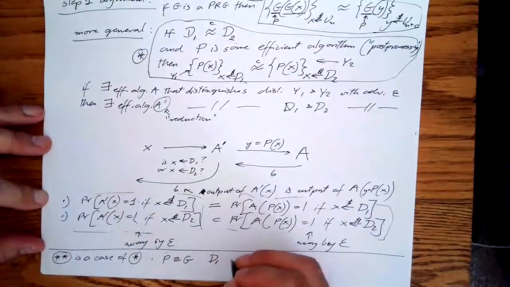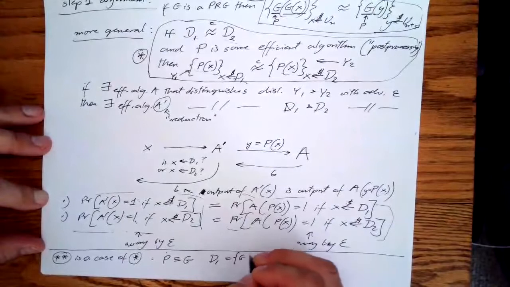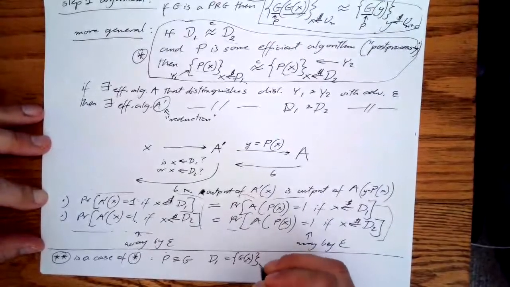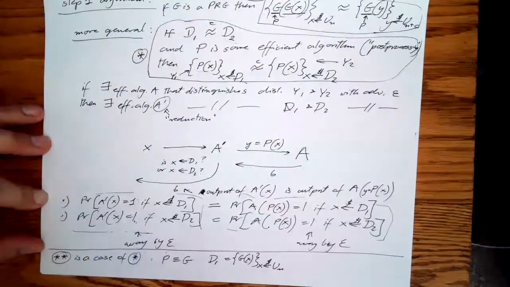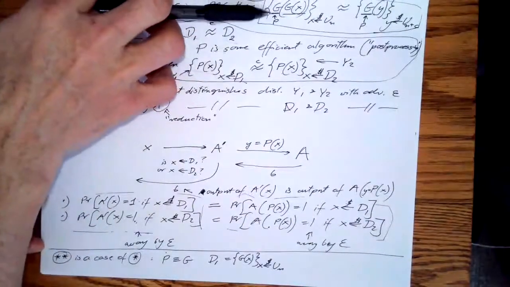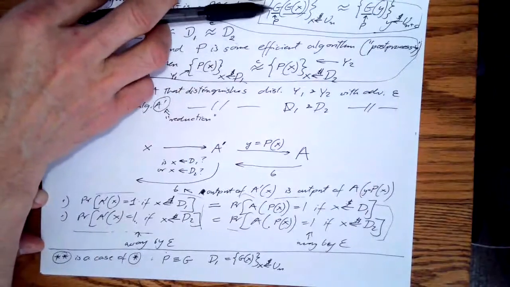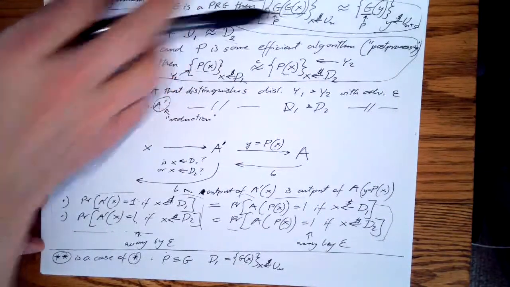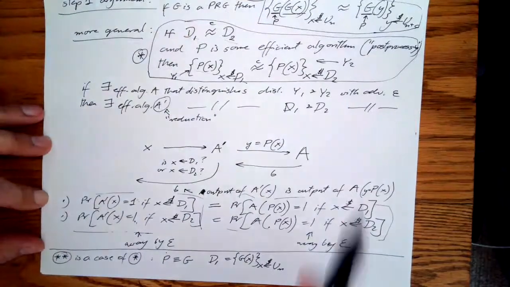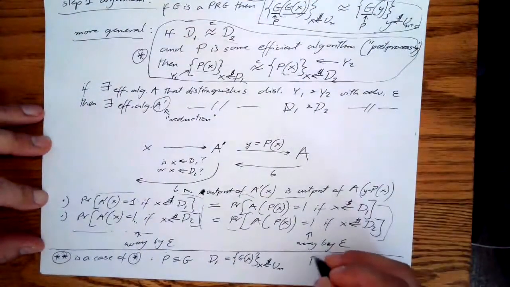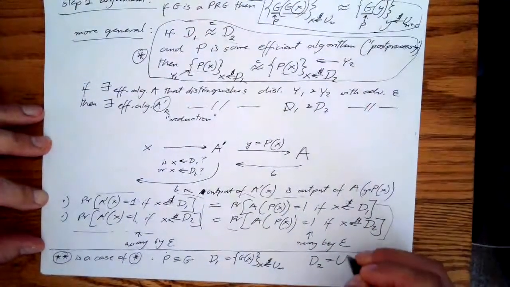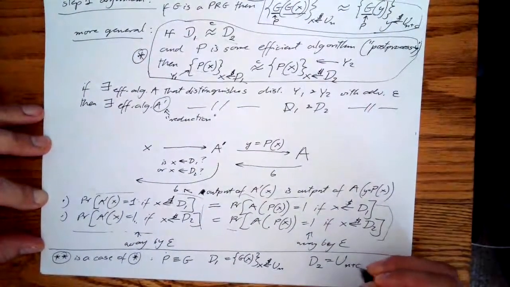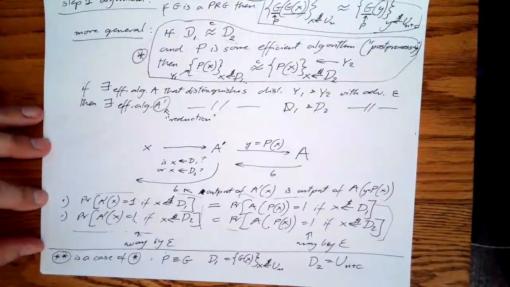D1 is the outputs of G of X for random X of length n. You can see that this can be looked at as applying this G post-processing to this distribution, whereas this thing is applying the G post-processing to what? To just a uniform random string of length n plus c.